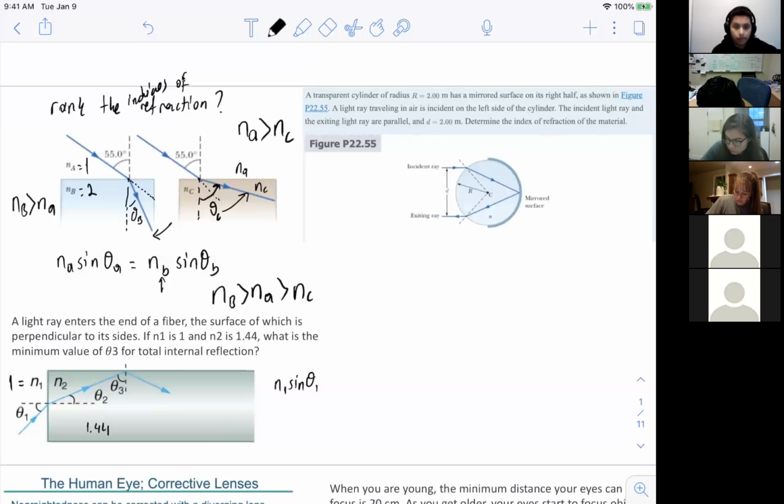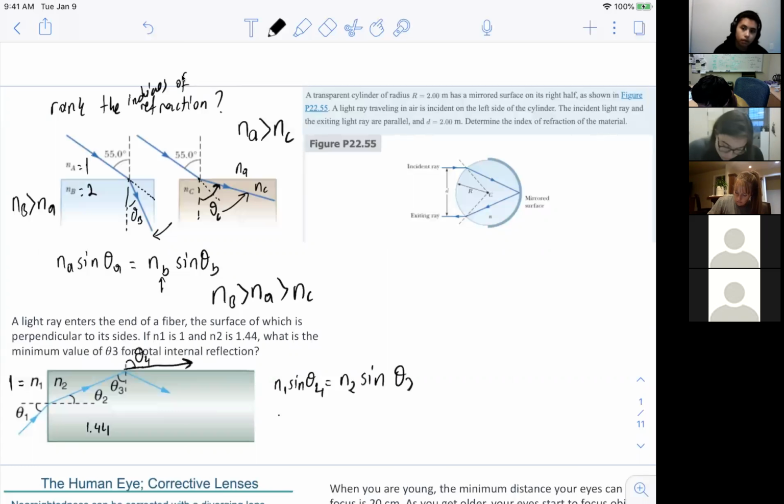Total internal reflection happens when you have light originating in the denser medium trying to enter a lighter medium. Looking at N1 sine theta and N2 sine theta 3, let's say it doesn't reflect and wants to go this way, let's say theta 4.